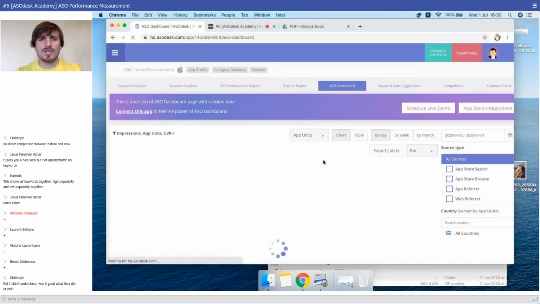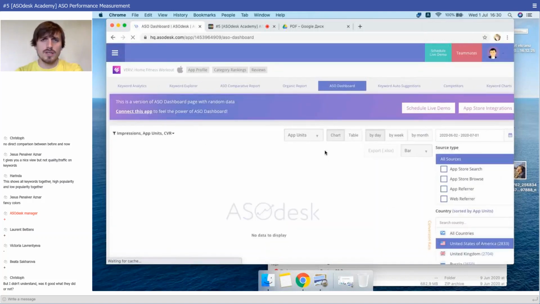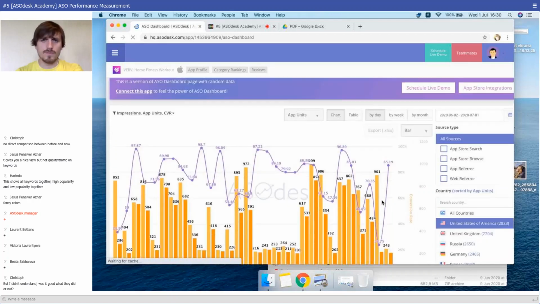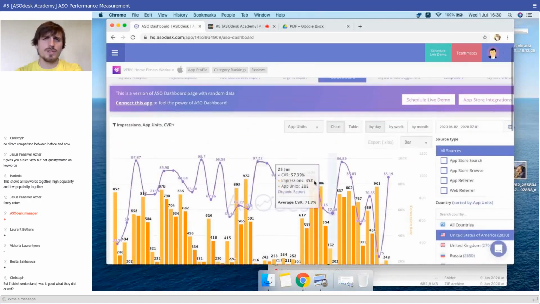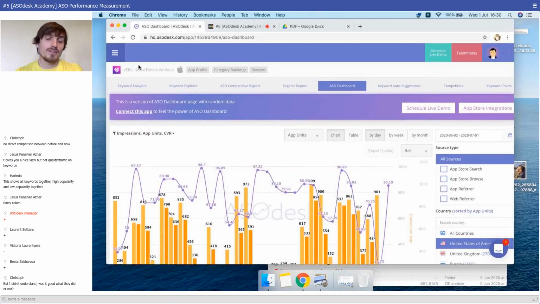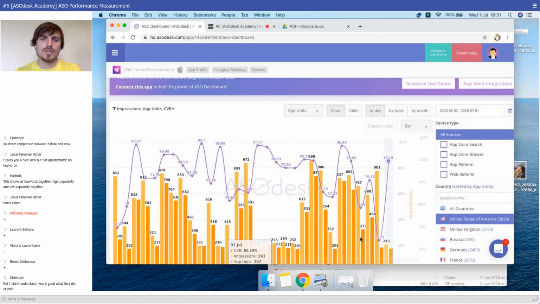The data you see here is not a real one, because we don't have access to Verve internal analytics. But if you are working with ASOdesk, you might integrate your App Store Connect developer account with ASOdesk. So ASOdesk will be extracting the data from App Store Analytics and showing this analytics here.